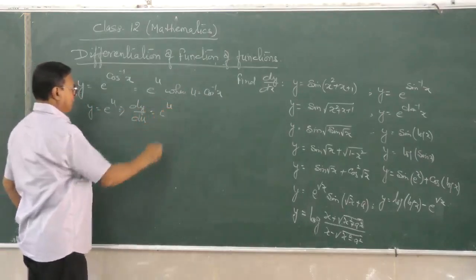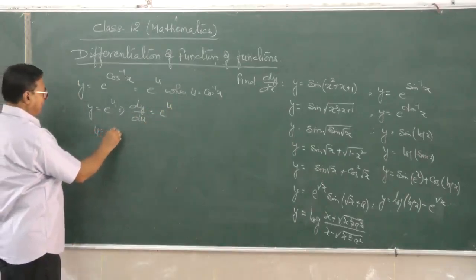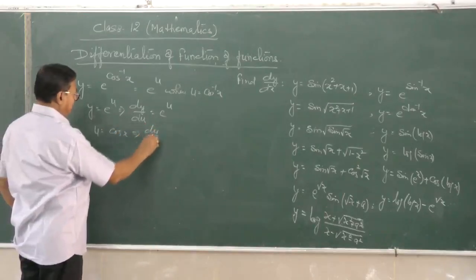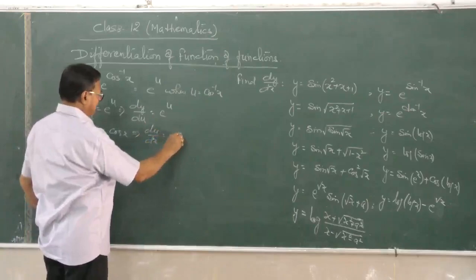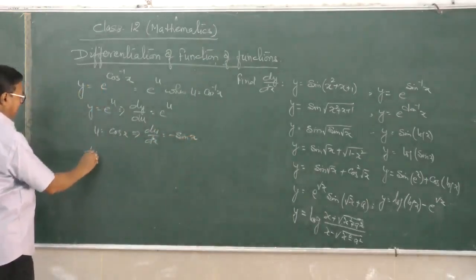Differentiation of e to the power u remains e to the power u. U is a function of x. So you differentiate u with respect to x. So dy by dx.